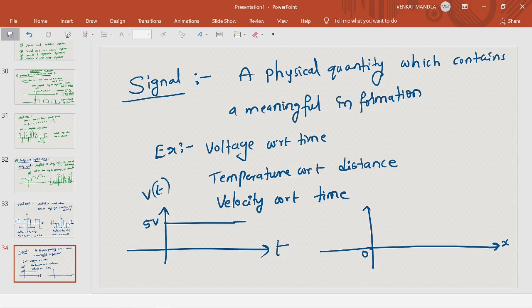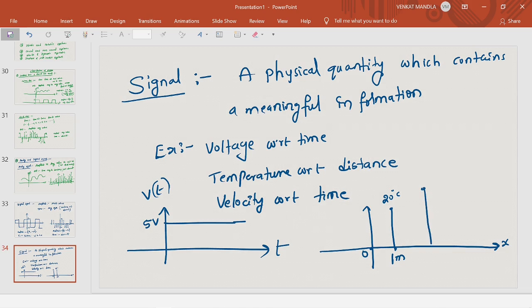So at origin, at x equal to 1, let us say 1 meter from the origin, we have a temperature of 20 degrees centigrade.